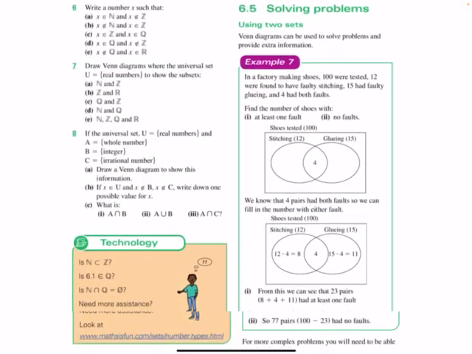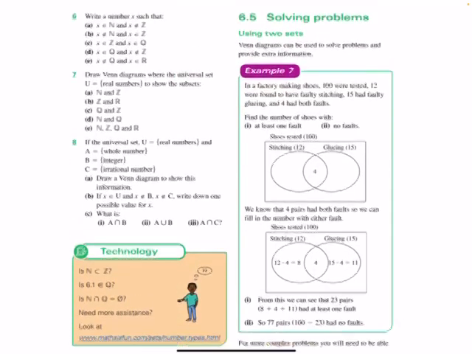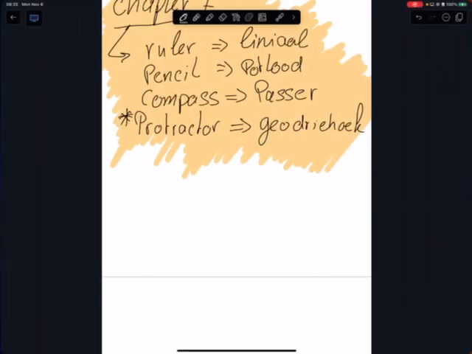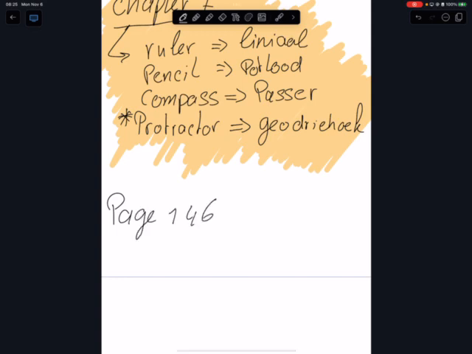So 6.7, given an example, starting at page 146, example 7.